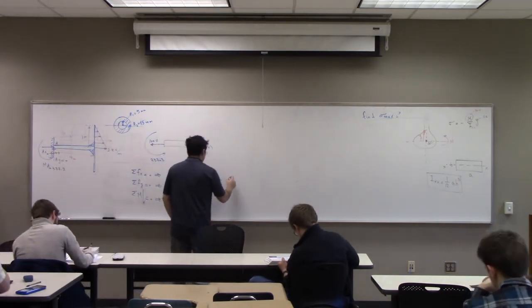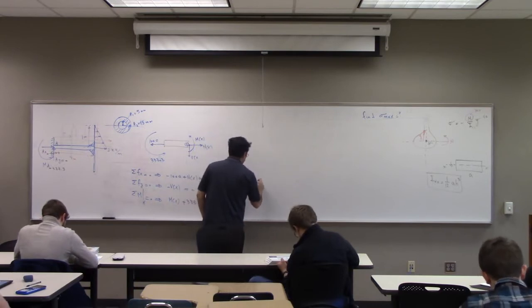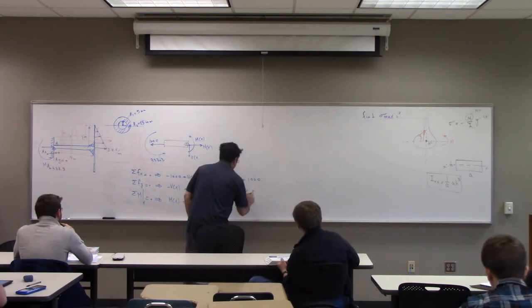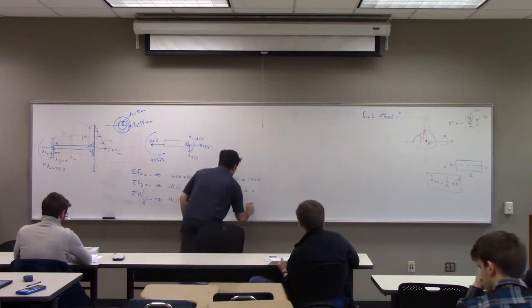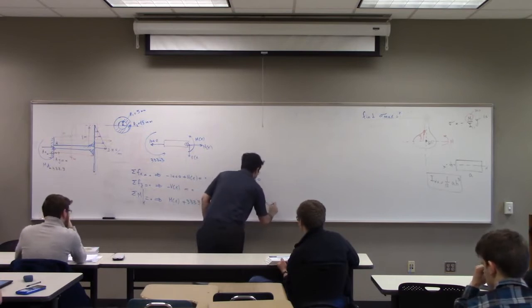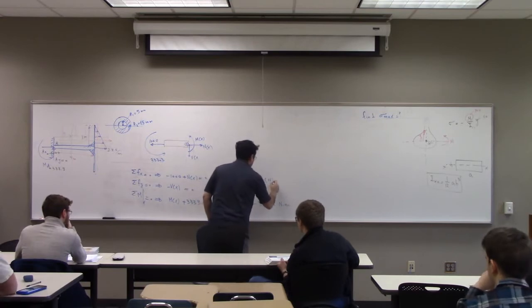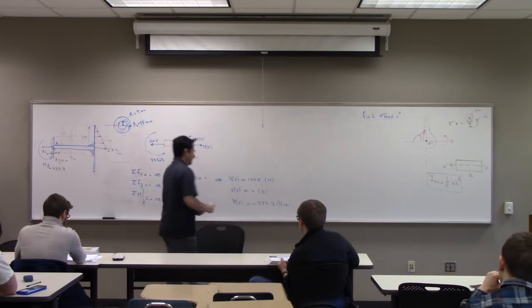Axial load is equal to 1000 Newton. Shear load is equal to 0. And moment at any x is equal to negative 333.3 Newton meter.